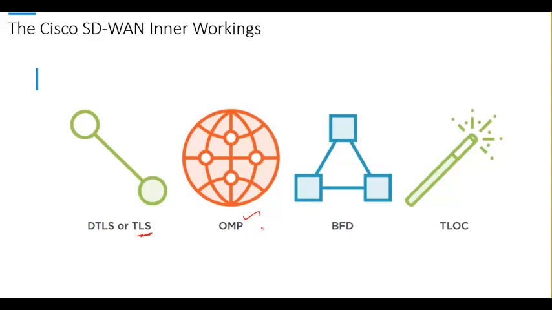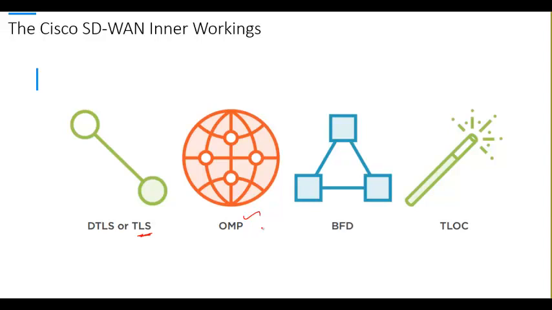Now, on the overlay, the routing decisions are purely based on this OMP protocol information. The vSmart controller makes all the decisions related to routing and access policy for the overlay routing domain.